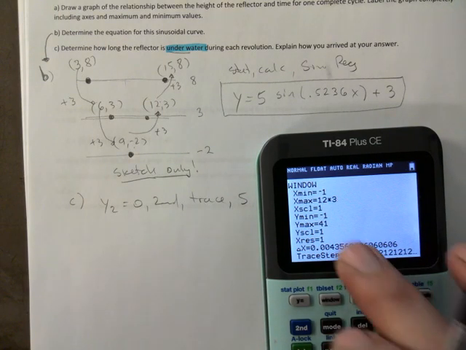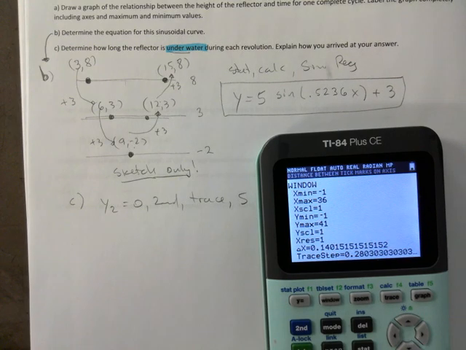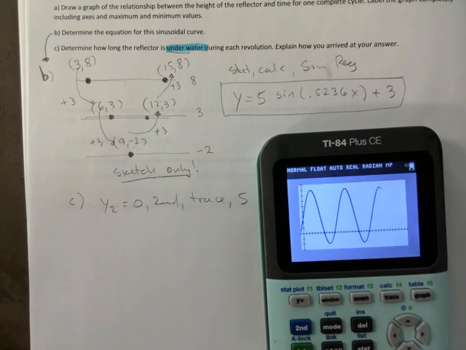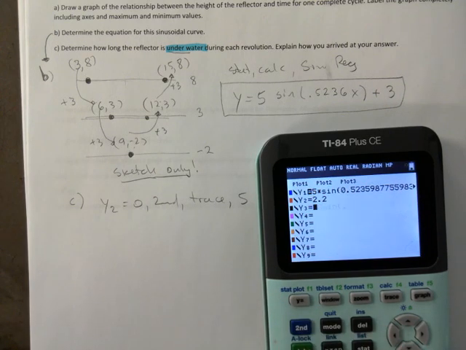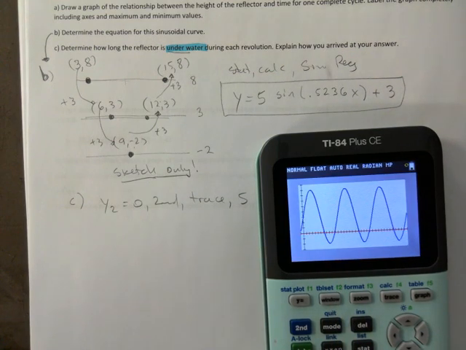That will make sure I have enough. This is -3, and I go as high as 8, so I'm going to make the highest 9. And I'm going to draw my y2 equal to 0 already as well.